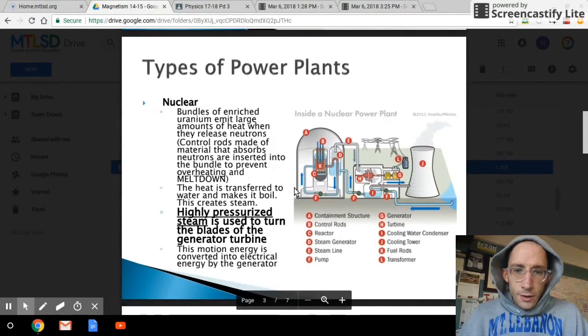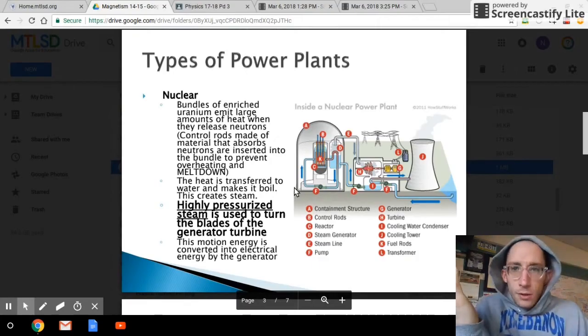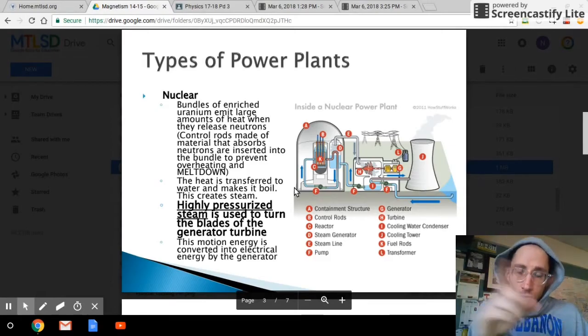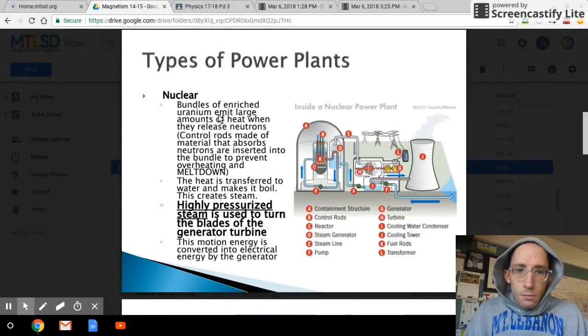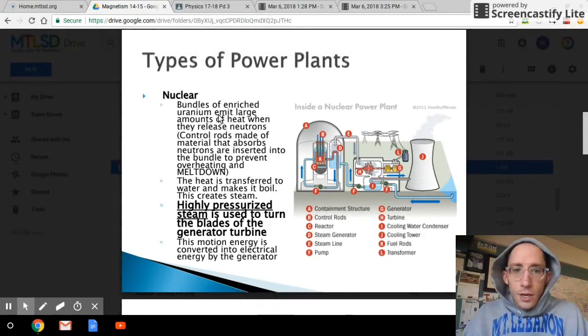Next is nuclear. It's pretty much the same thing as coal powered, which is hard to believe. Except instead of burning coal to get the heat, which is then used to boil the water and generate steam, which moves the wire through the field, they use enriched uranium. Through set conditions, they get the uranium to release neutrons.